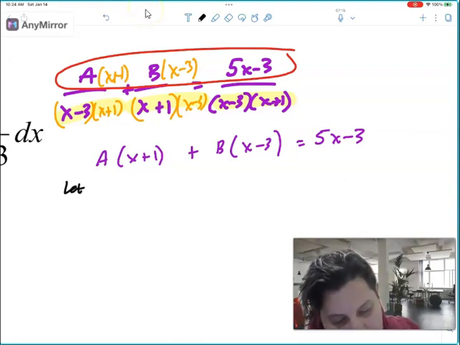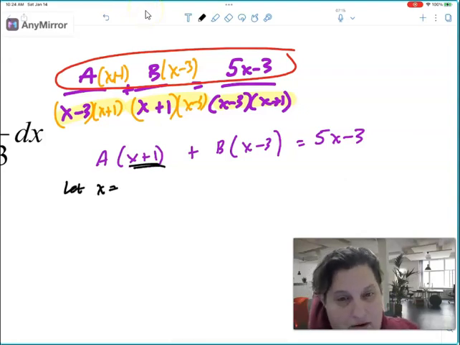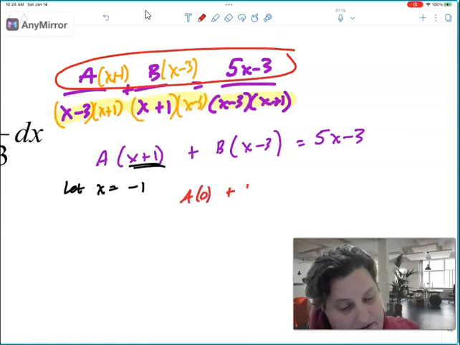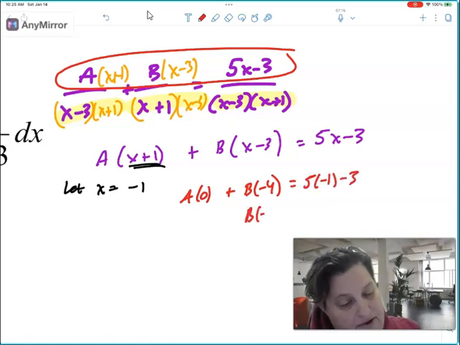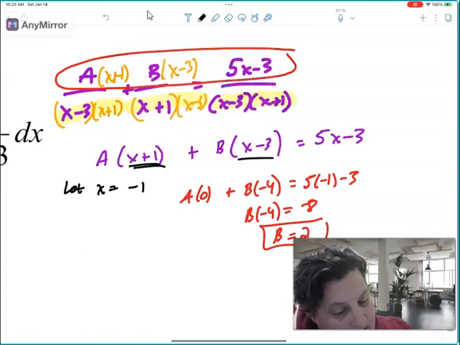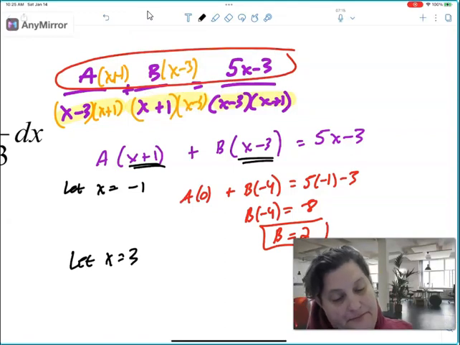You go, well, first I'm going to let x equal what? Well, how do I make that 0? Let x equal -1. Okay? If x is -1, I have A times 0 plus B times -4 equals 5 times -1 minus 3. So B times -4 equals -8, so B is 2. Then for the second part, I go, how would I make that 0? Well, let's let x equal 3.